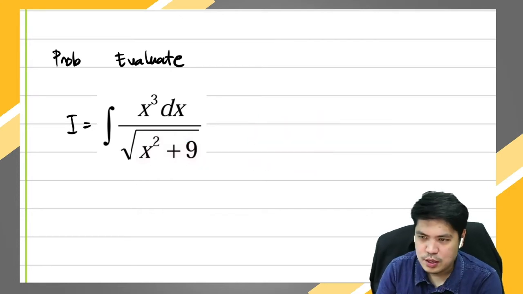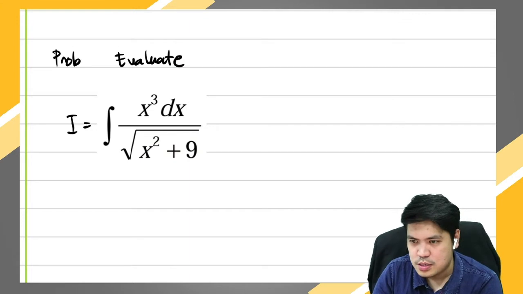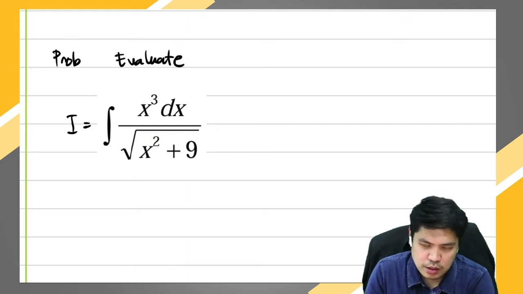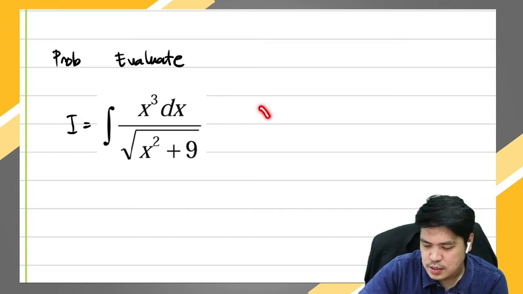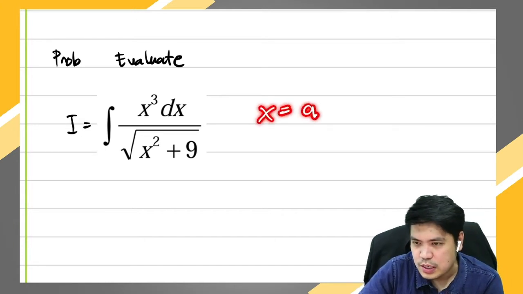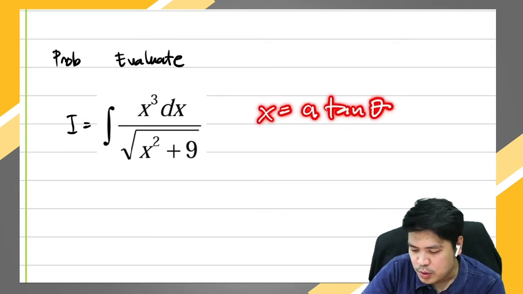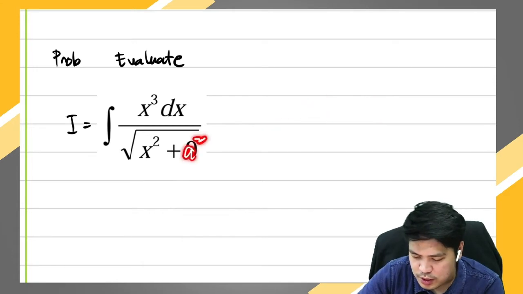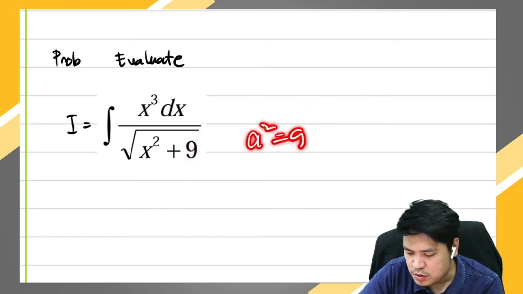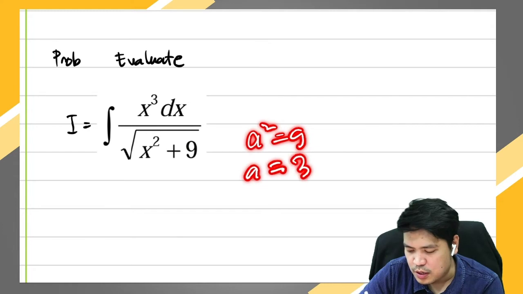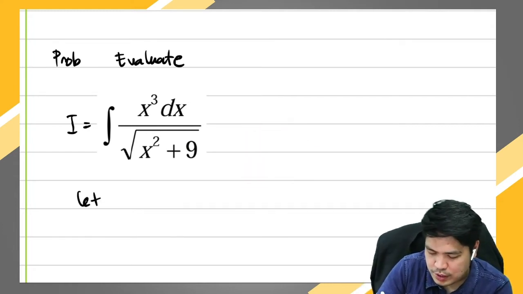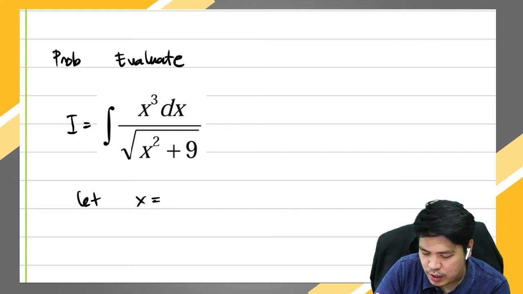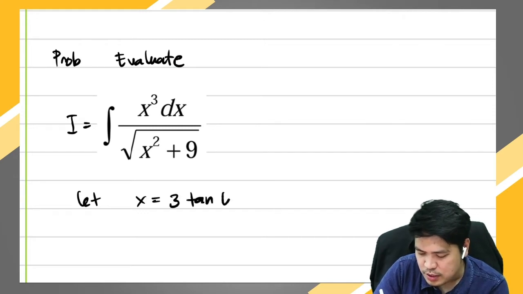And we know that if that is what comes out in the integral, we just need to use x is equal to a tangent theta. But our a squared here is 9. So a squared is equal to 9. So therefore, we will use a is 3. So therefore, our substitution would be, we let x be equal to a, which is 3 tangent theta.